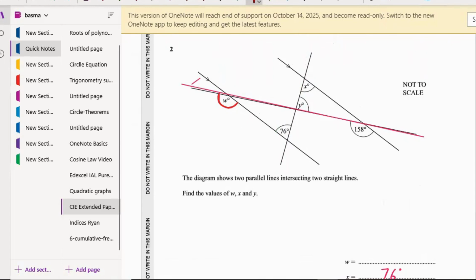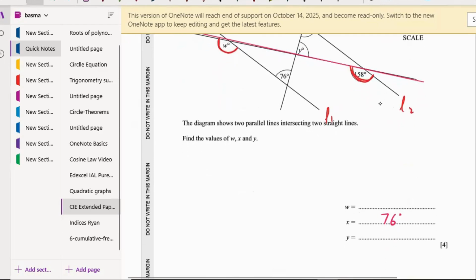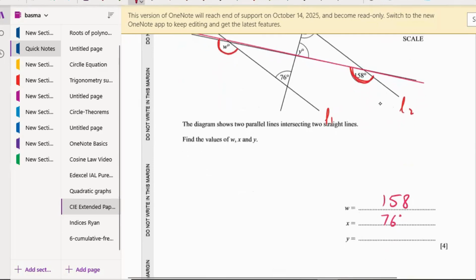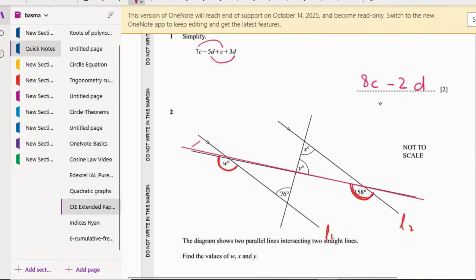So the corresponding angle to W on the other parallel line, this is parallel line 1 and that's line 2, is 158. Because they are on the same sides of the parallel lines cut by the transversal line, W is 158. Now we need to find the y.